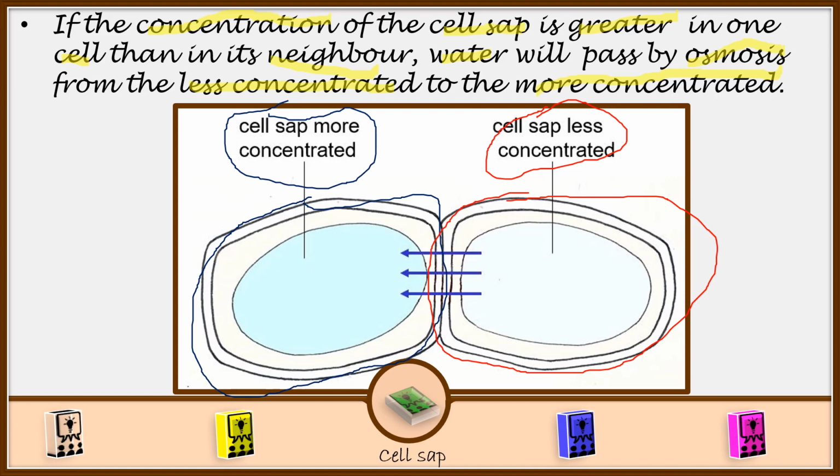Therefore, water is going to move from a cell sap less concentrated to a cell sap which is more concentrated. So water will flow from this cell and it will enter that cell.